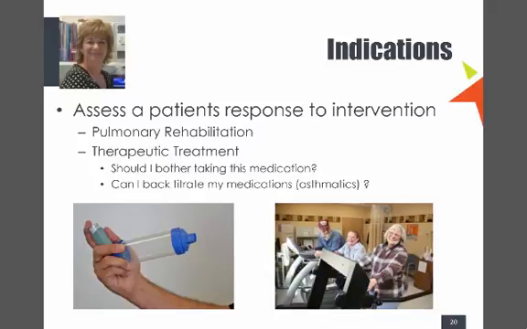So also we might want to have a look at assessing a patient's response to an intervention. So you might start someone on an inhaler, or the doctor starts them on an inhaler. You're the one who's asked to talk to them about why they should be taking it. You might be able to show a positive response to that, especially things like Ventolin, and we'll talk about that with reversibility.